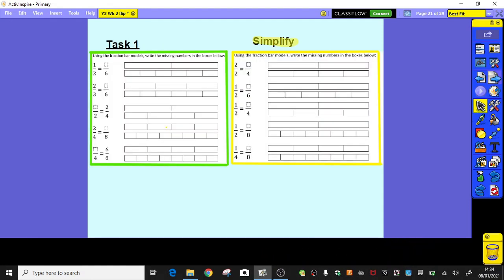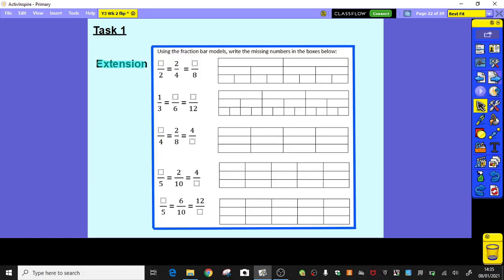So today your task is to answer some questions and find the missing numbers by shading in the bar models. Most of you will be able to do the green task, but if you find that too challenging, you have the option to do the yellow task. If you're finding the green task too easy, then have a go at the blue extension task instead.